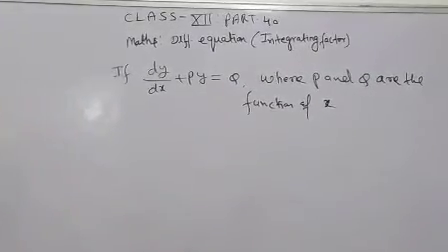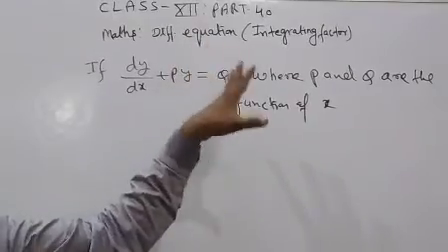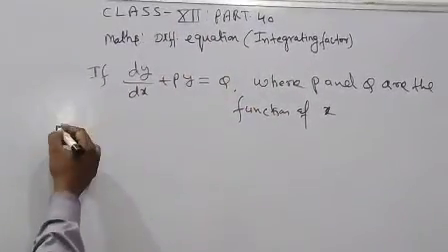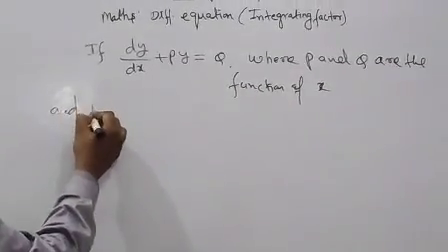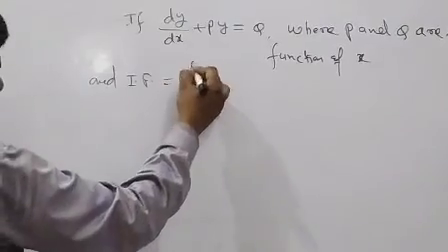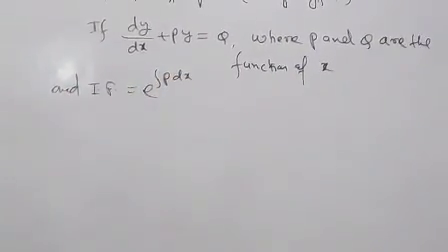Clear? Means the value of p and the value of q both are functions of x. Understood? And the integrating factor IF is equal to e power integration of p dx.